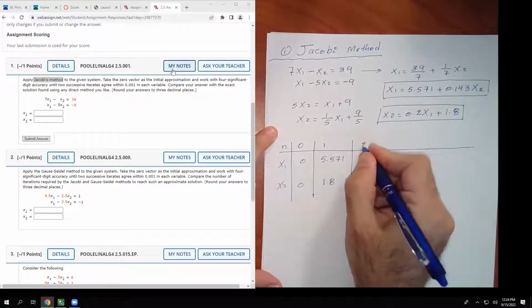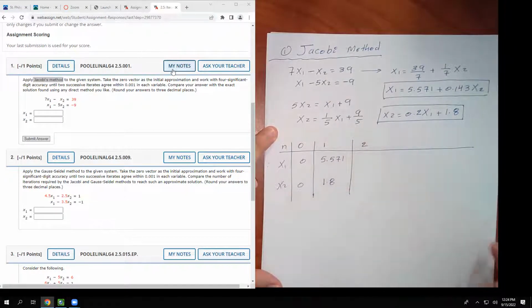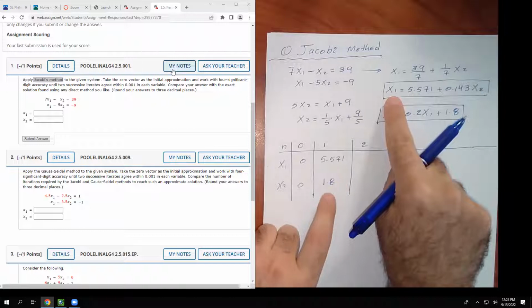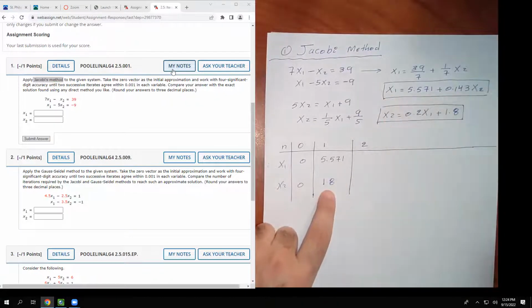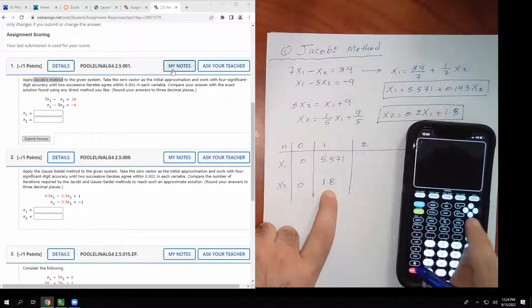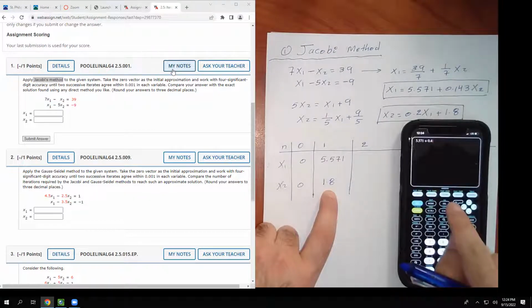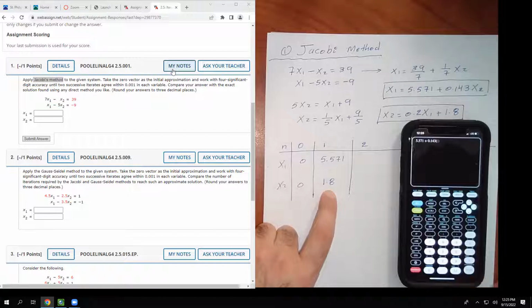Now the second iteration. I need to find x1, so I'm going to plug in x2. It's going to be 5.571 plus 0.143 times x2.